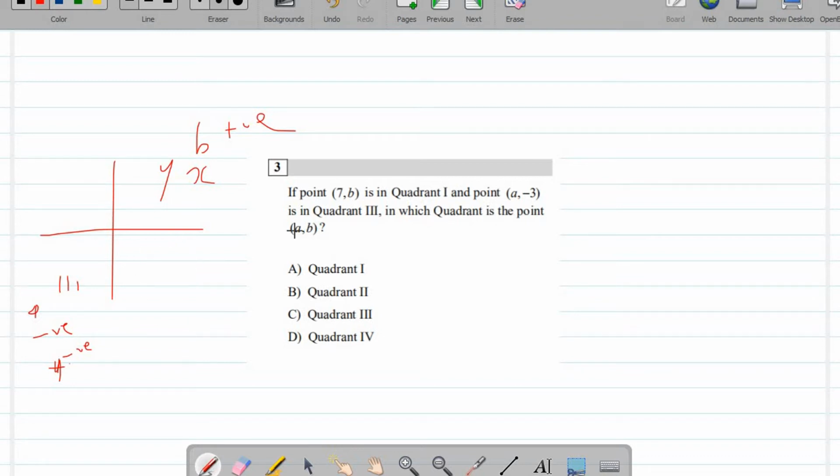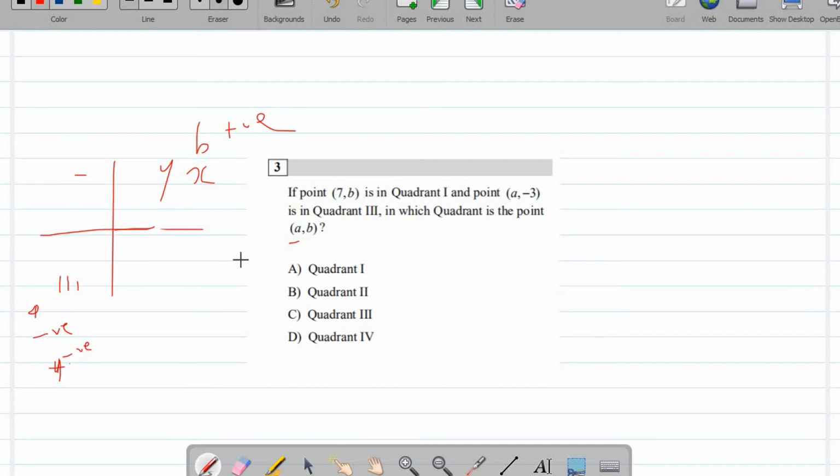So when they say the point (a, b), we know that a is negative and b is positive. Where x is negative and y is positive is in this quadrant here. The question is: in which quadrant is the point (a, b)?